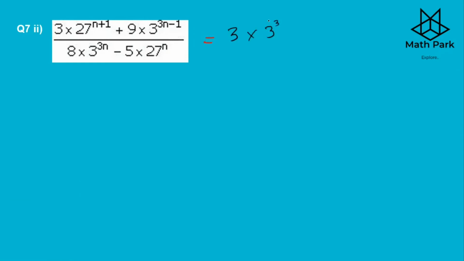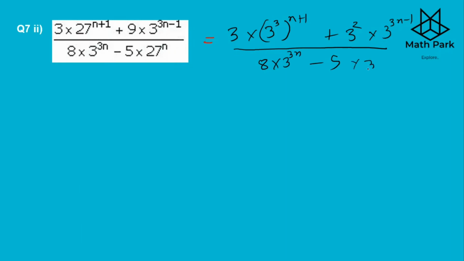This raised to n plus 1, plus 9 is 3 raised to 2, into 3 raised to 3n minus 1. In the denominator, we have 3 raised to 3n. Let it be 8 into 3 raised to 3n as it is, minus 5. 27 is 3 raised to 3, so this becomes into 3 raised to 3 raised to n.